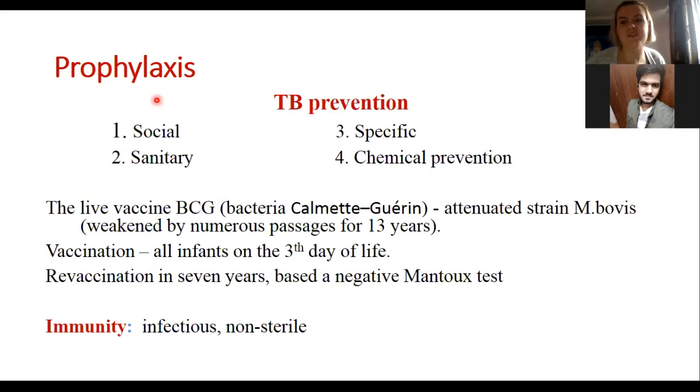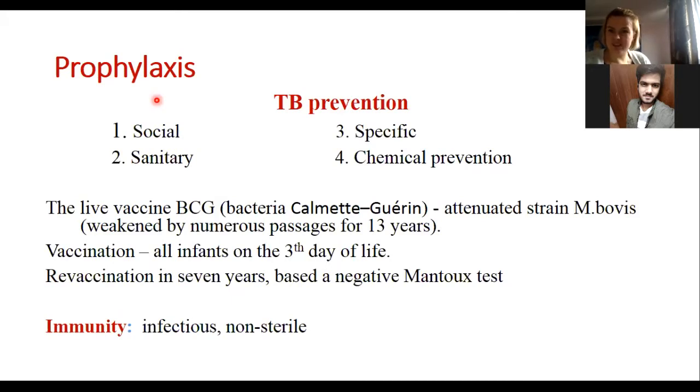We use a live vaccine. We use live strains, but the strains are weakened, attenuated. We call this vaccine BCG, bacteria of Calmette and Guérin. Calmette and Guérin are two scientists who prepared this vaccine.